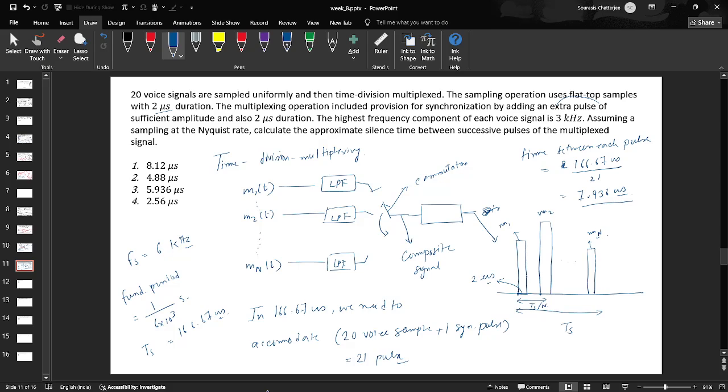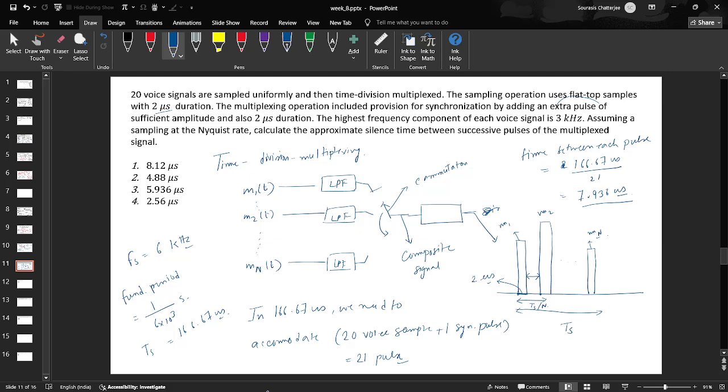So the actual gap between two pulses is this, but Ts over n is not this. Ts over n is the gap from the start of one pulse to another. That is what you get here, 7.936 microseconds. But we have to consider the pulse duration for each of them, that is 2 microseconds.